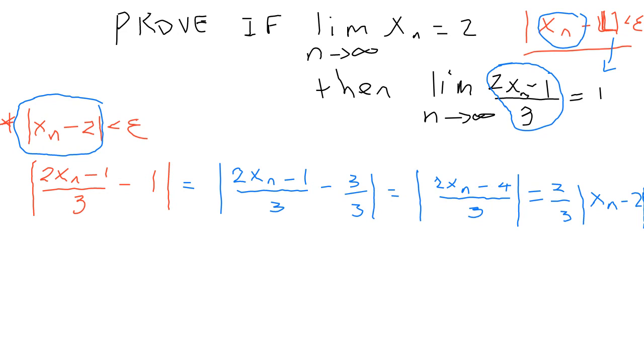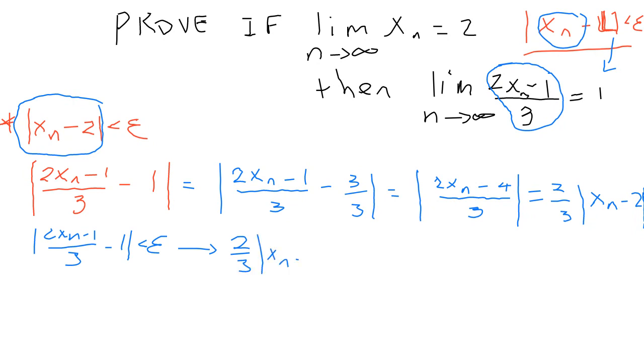So remember, all along, that thing was less than epsilon. I hadn't been writing it, but this right here, the 2x sub n minus 1 over 3 minus 1, was less than epsilon all along. And we show that at the end, that is actually 2/3. So now I can actually put my bar at the end.